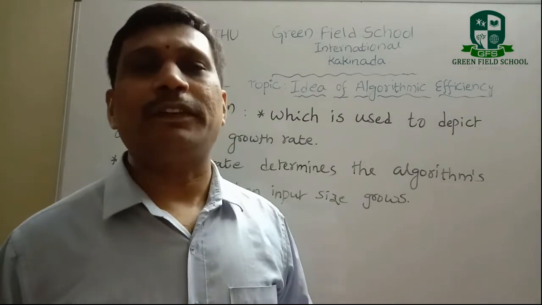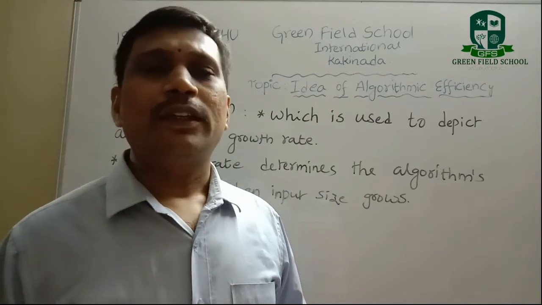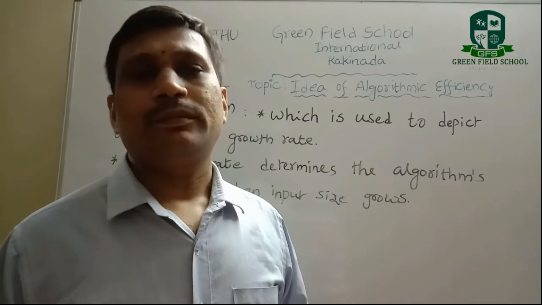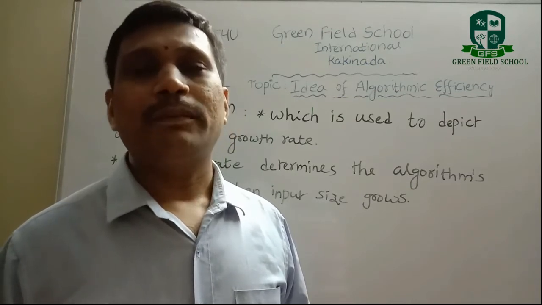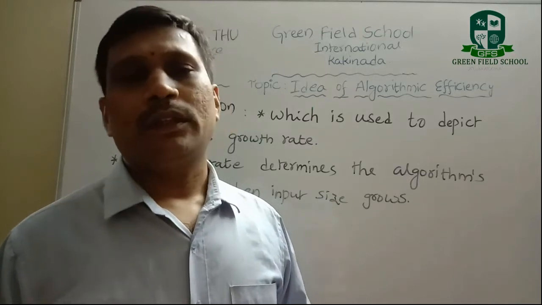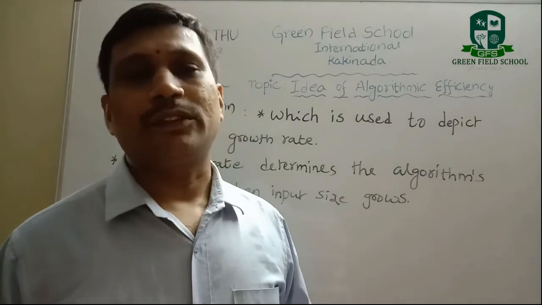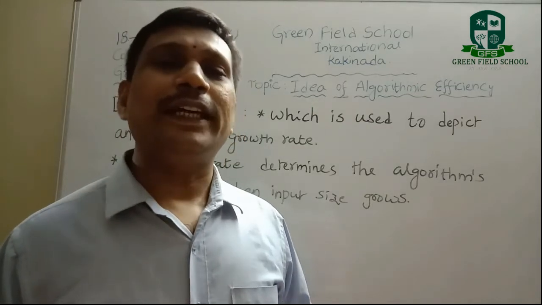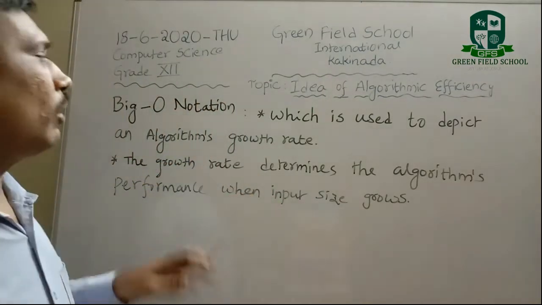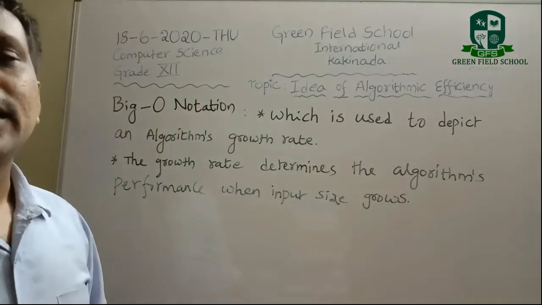The one that is executed within the time limitation can be called the best one among the two possible ways of solving the problem. In this context we describe what is meant by big O. Big O depicts the algorithm's growth rate.